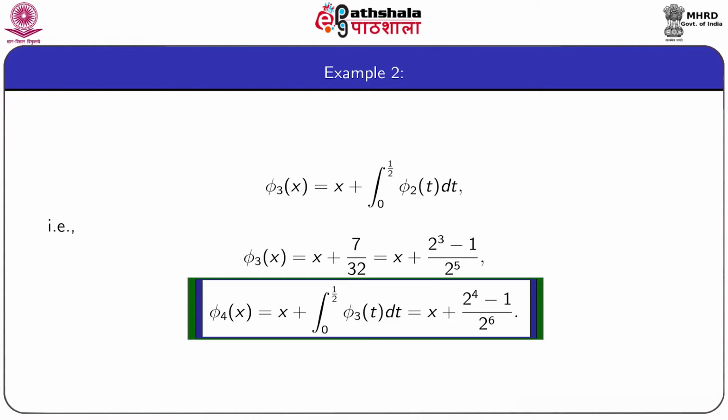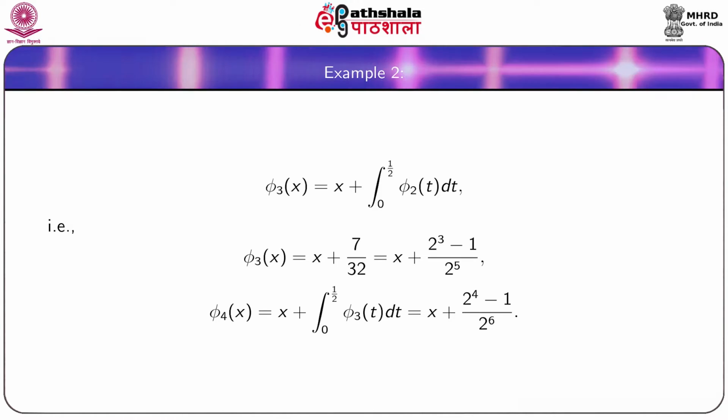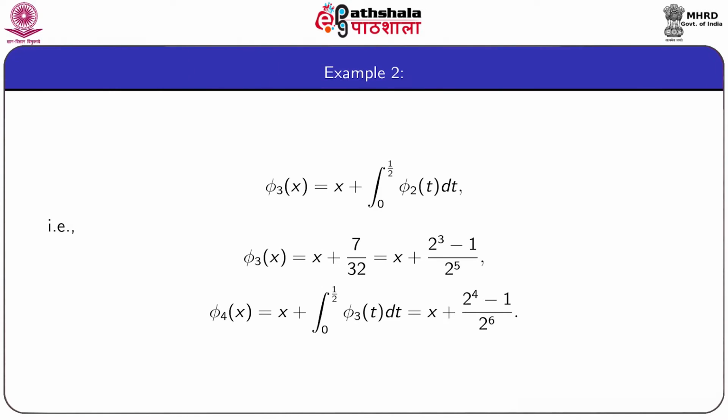Similarly, phi 4 x, the fourth approximation to phi x, is given by x plus integral 0 to half phi 3 t dt. If I substitute phi 3 t in this integral, then after simplification I obtain the fourth approximation phi 4 x as x plus 2 to the power 4 minus 1 by 2 to the power 6.